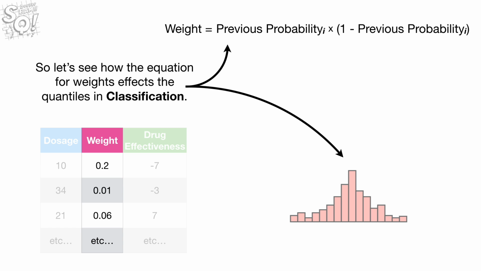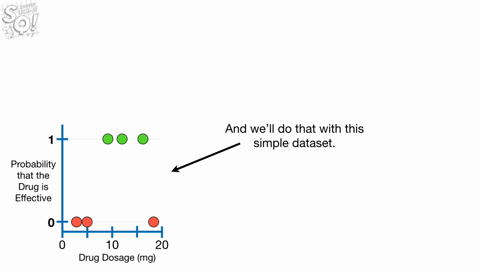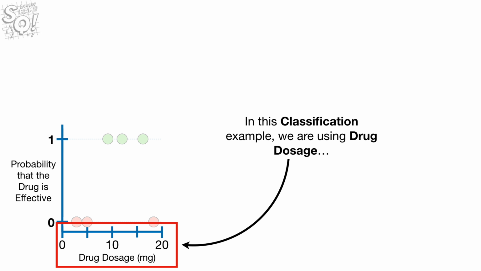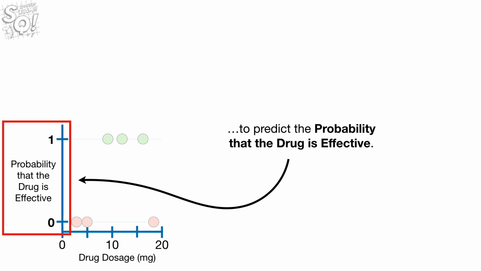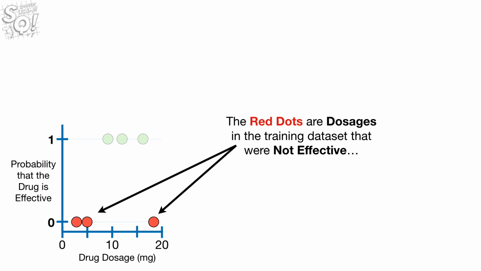So let's see how the equation for weights affects the quantiles in classification. And we'll do that with this simple data set. In this classification example, we are using drug dosage to predict the probability that the drug is effective. The red dots are dosages in the training dataset that were not effective.